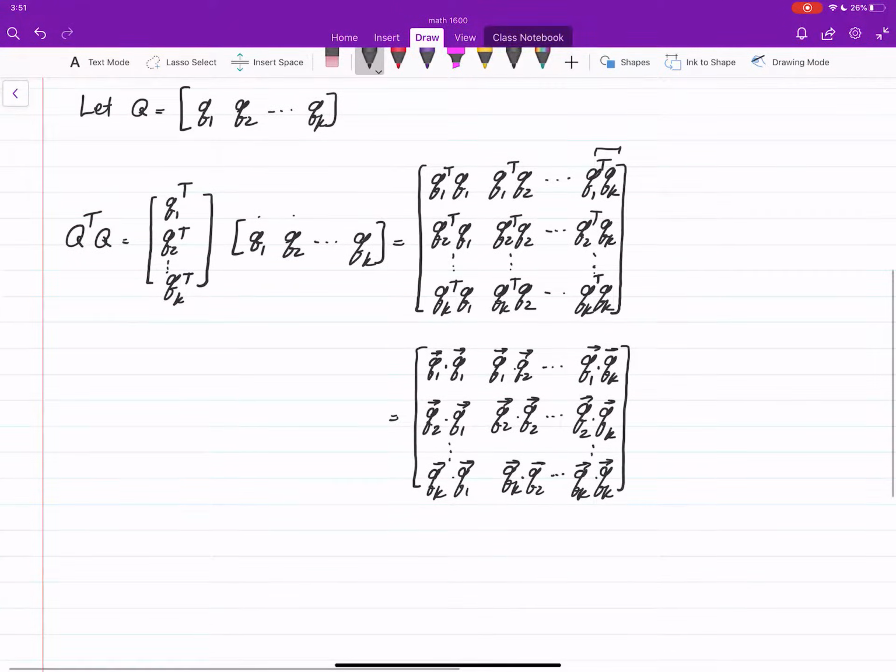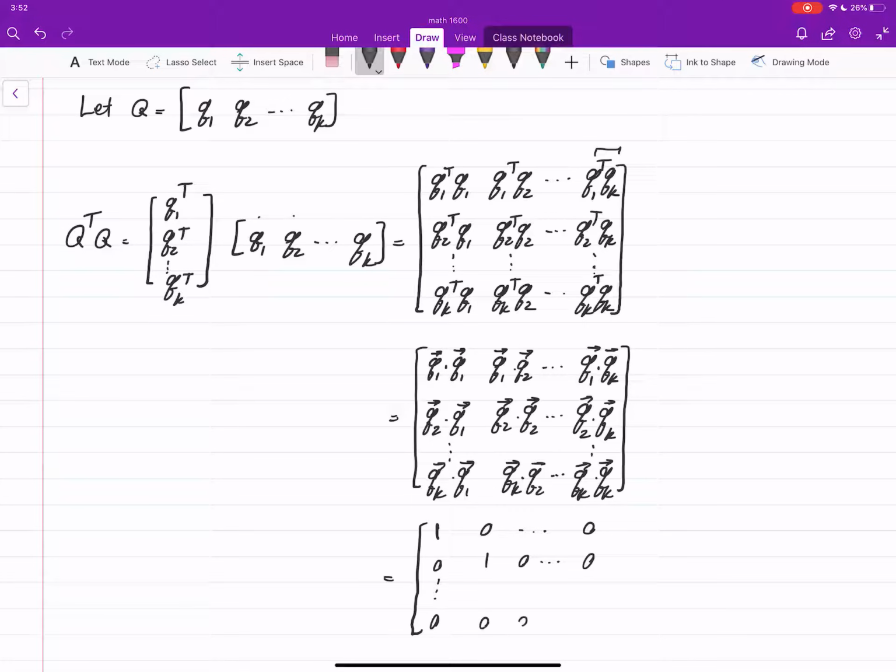And if q1, q2 up to qk are orthonormal, then you can see that the first row is going to be 1, then 0 up to 0. Then the second row is going to be 0, 1, 0 up to 0, and the last one would be 0, 0 up to 1.